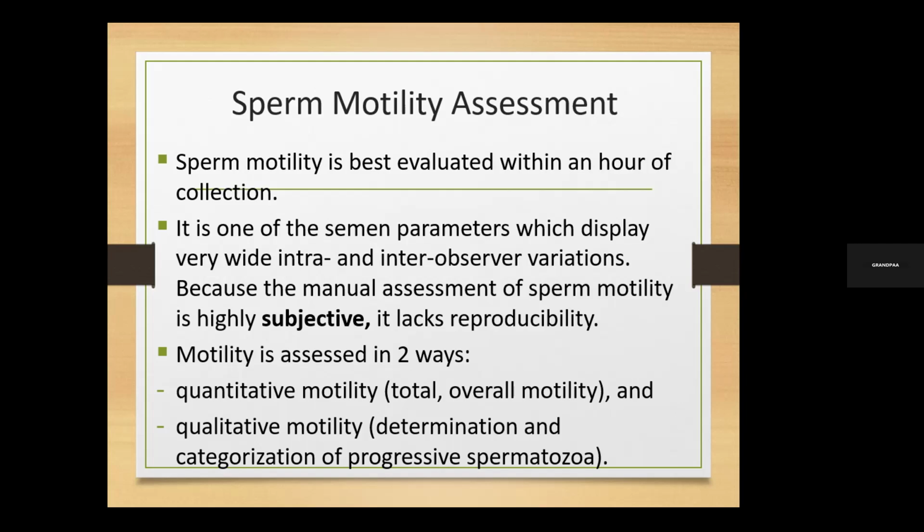For example, your pH should be done within 1 hour. Your sperm motility should be done within 1 hour. Time has an effect on pH, and we did that extensively. Time also has an effect on your sperm motility.